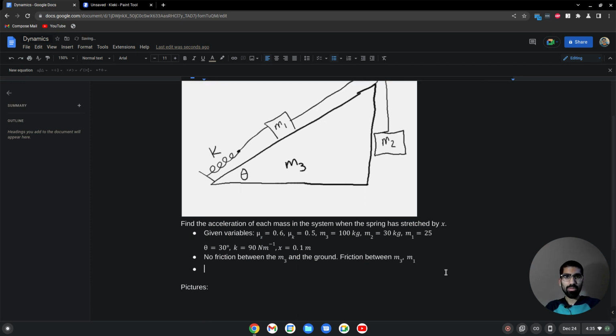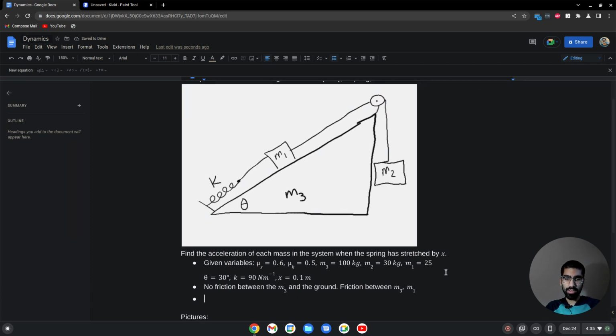We also want to define some assumptions about the system, so let the system be the three masses, M1, M2, M3, and the spring.